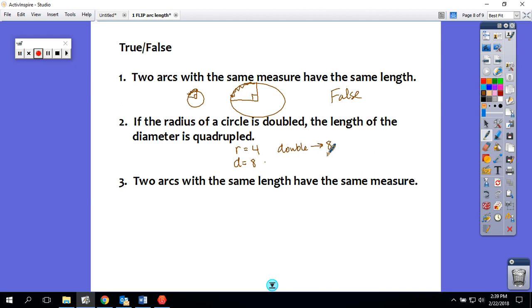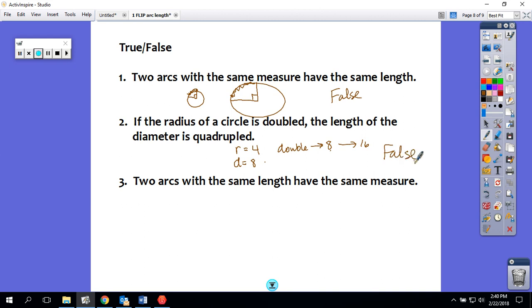This new radius would give me a diameter of 16. So is the diameter quadrupled from what it would be here? So is 16 quadruple 8? And that is false. It's 4 times longer than the original radius, but not 4 times longer than the original diameter.